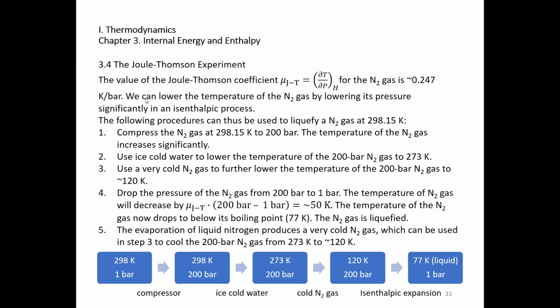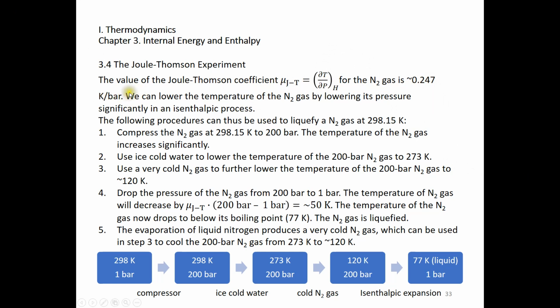Now let's use this Joule-Thomson phenomenon to cool nitrogen gas to a temperature below its boiling point so that we can liquefy nitrogen. Actually, this is how the industry makes liquid nitrogen. For nitrogen gas, the Joule-Thomson coefficient is roughly 0.247 Kelvin per bar.